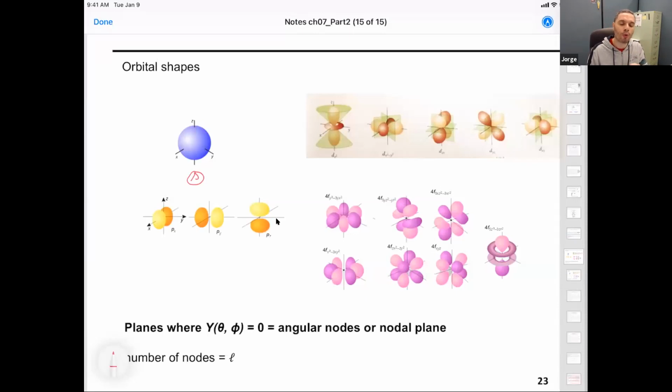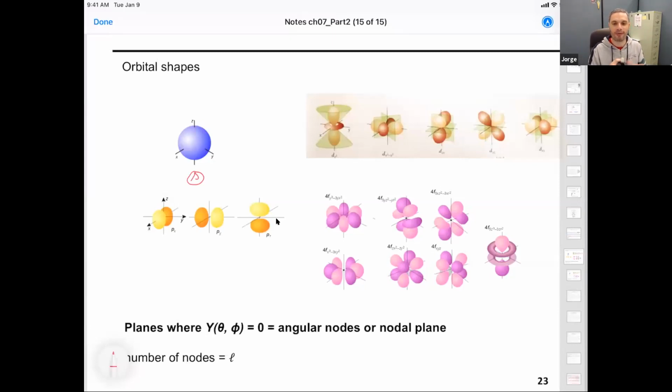We don't know which one corresponds to each ML, okay? So we know that there are three possible, but we cannot assign the MLs. The d orbital, we saw that we have 5 possible: dz squared, dx squared minus y squared, dzx, dyz, and dxy.